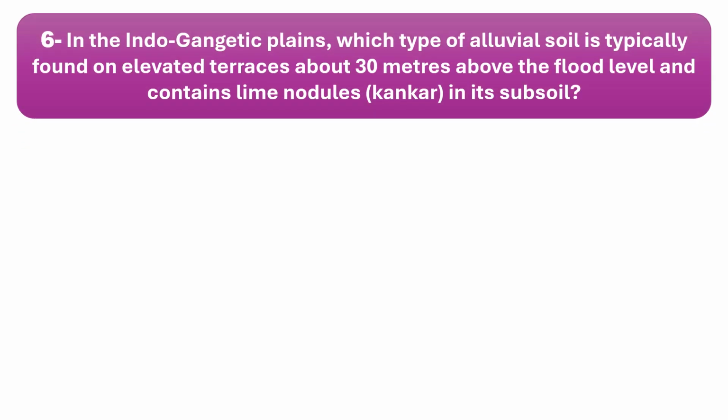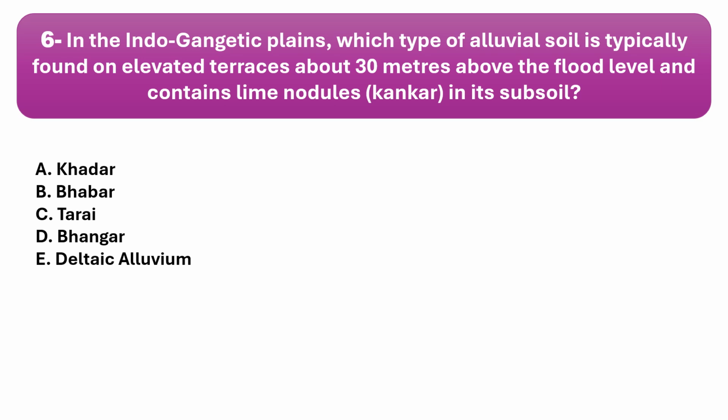Next question. In the Indo-Gangetic Plains, which type of alluvial soil is typically found on the elevated terraces above 30 meters from the flood level and contains lime nodules, that is kankar, in its subsoil? The options are A. Kadar, B. Babar, option C. Tarai, option D. Bangar, and option E. Deltaic alluvium. The correct answer is option D. Bangar.